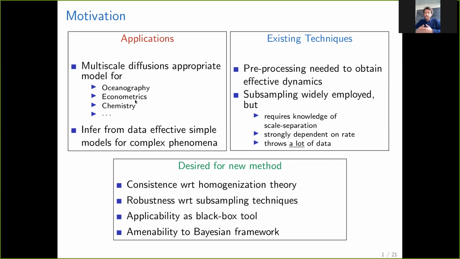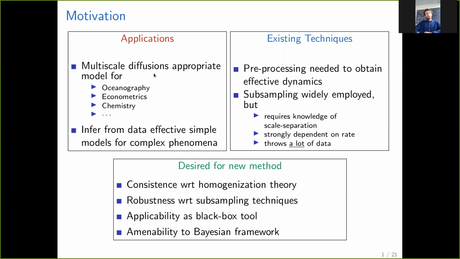So if the data of the problem is given, so let's say the functions of your model are given, then you can use the theory of homogenization in some instances to compute the effective model. Otherwise, what you have to do is to rely on inference techniques. And therefore, where you are given data from a multiscale phenomenon, what you may wish to do is to infer from the data an effective simple model that captures the slow variations of your phenomenon.